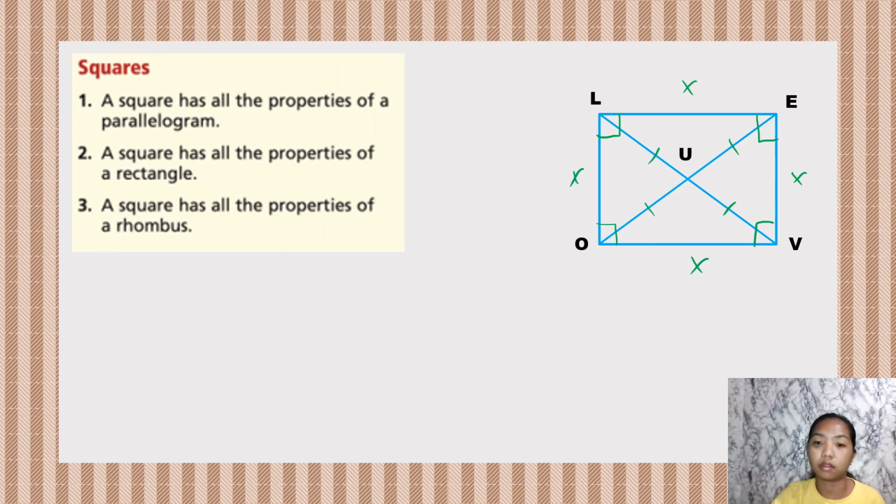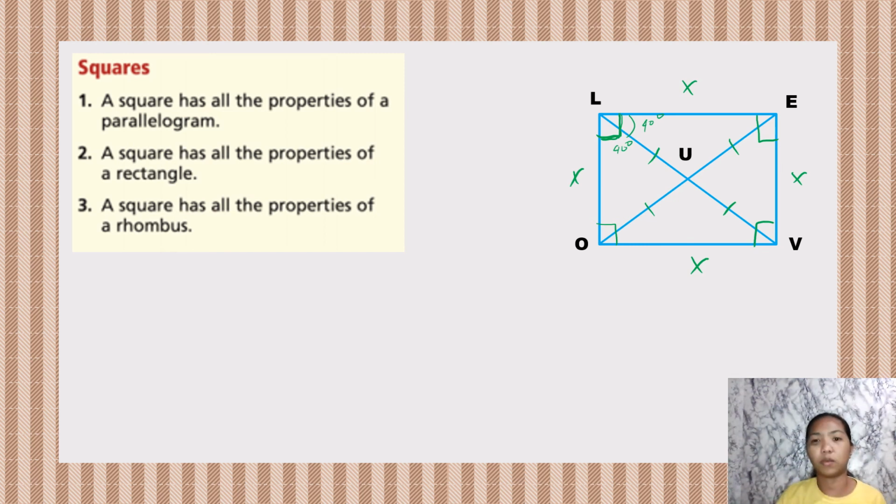And then the diagonal bisects our angle L. So if this is 40 degrees, this is also 40 degrees. But it depends on the situation and on the given. It may not be equal to 90, but all the angles are right angles.